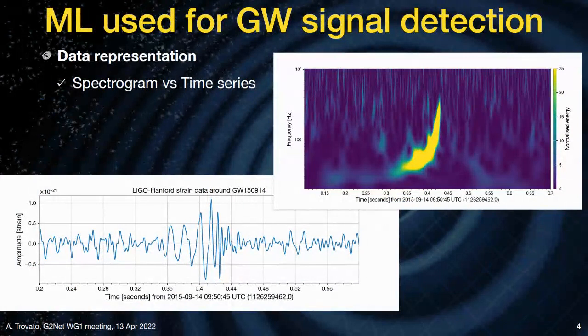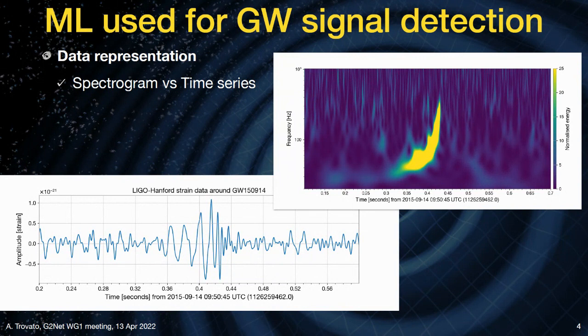When machine learning is applied to gravitational wave signal detection, the first decision you have to take is about data representation. Usually the two choices are images, so 2D spectrograms, or the time series as it is.